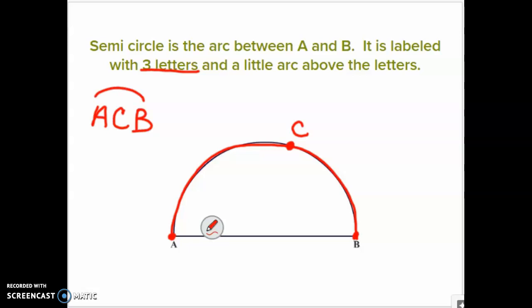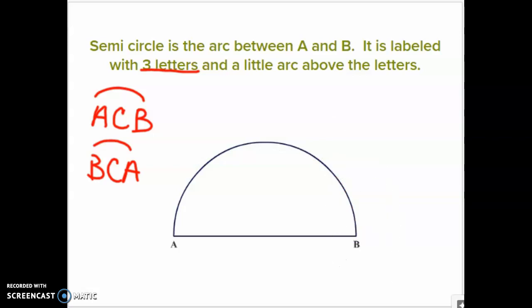Notice that I go in the exact order. I could also call it arc B, C, A if I wanted to, as long as I'm going in that order and I'm not going A, B, C, because that wouldn't work. You follow along the circle, or along the arc, I should say.